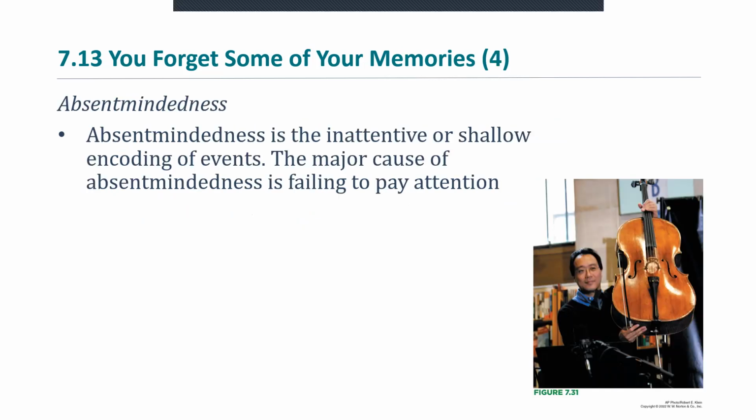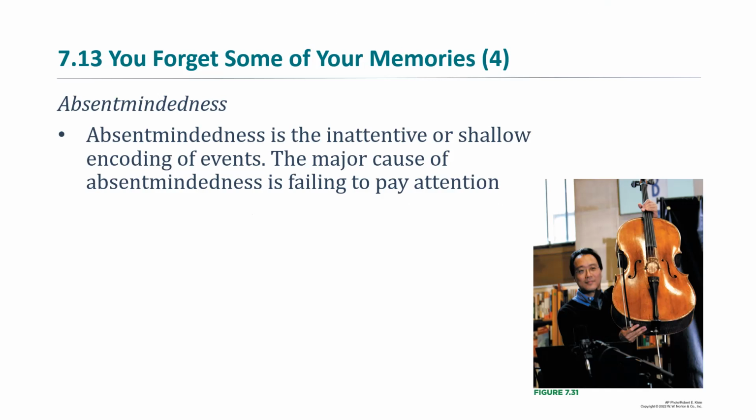And finally, absent-mindedness is the inattentive or shallow encoding of events. The major cause of absent-mindedness is failing to pay attention. This is why we misplace things like your keys or your phone. My wife misplaces her glasses all the time, and then she has trouble finding them because she can't see.